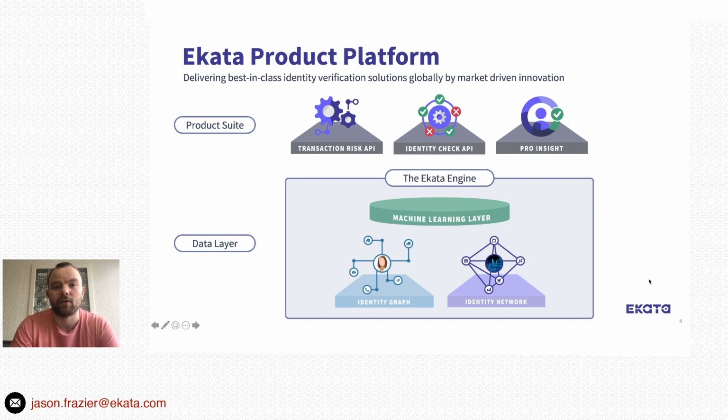All these products are powered by the Ekata Identity Engine. The Ekata Identity Engine has 2 main data stores behind it. Our identity network is our internal behavioral graph.